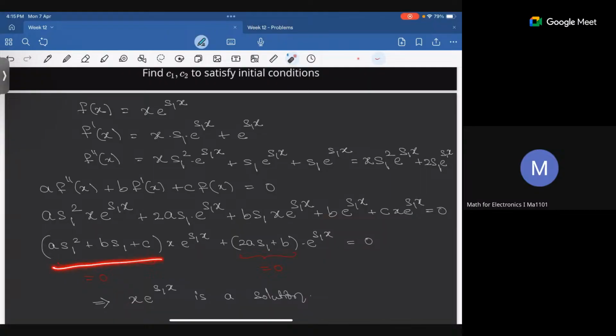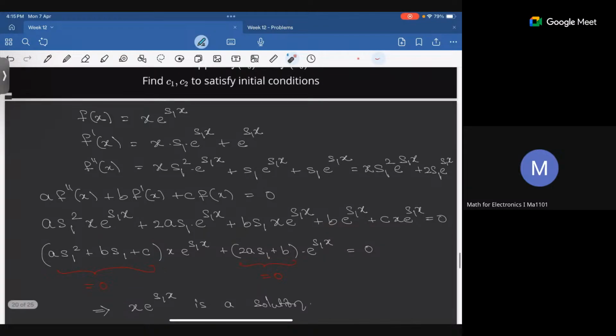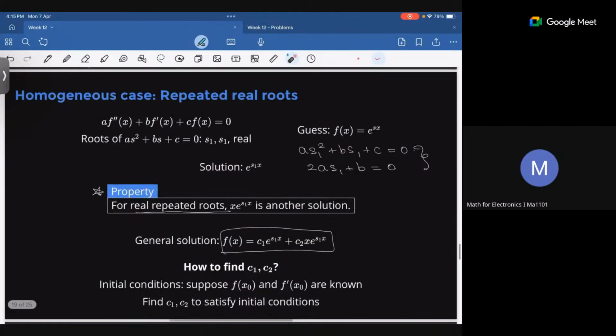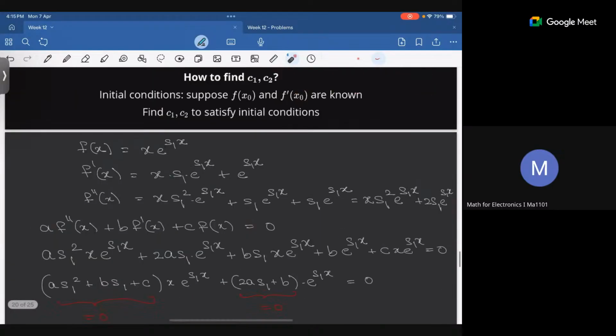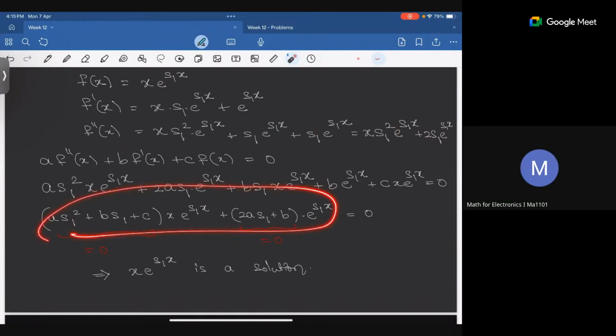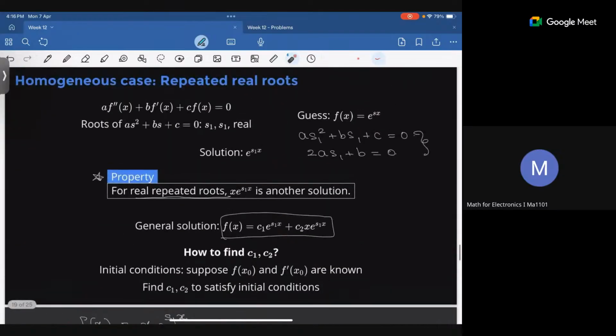Both are equal to 0, because s1 is the root of this quadratic equation. So the left hand side will become 0, which matches our right hand side, which implies that x into e power s1x will also be a solution along with e power s1x.